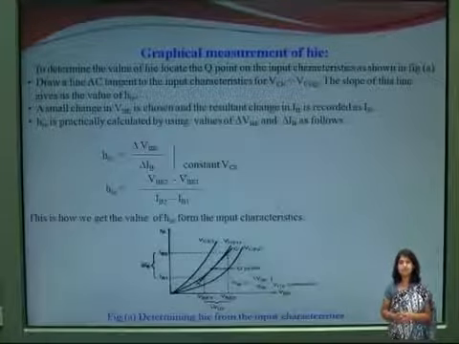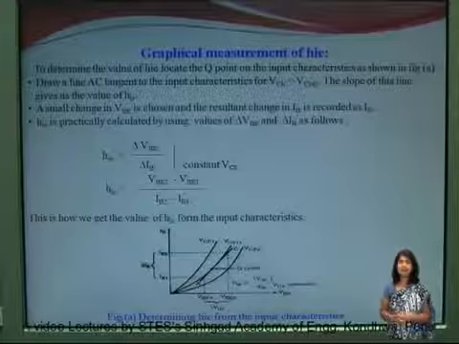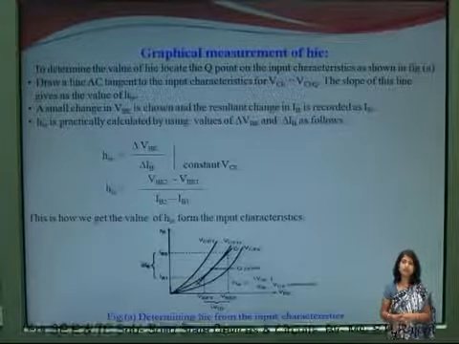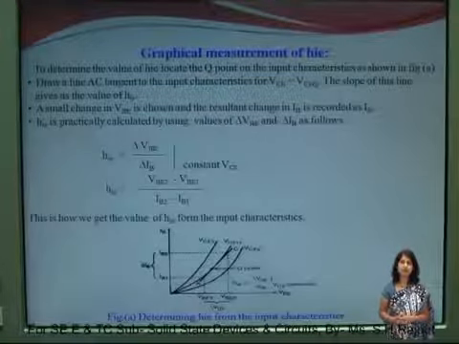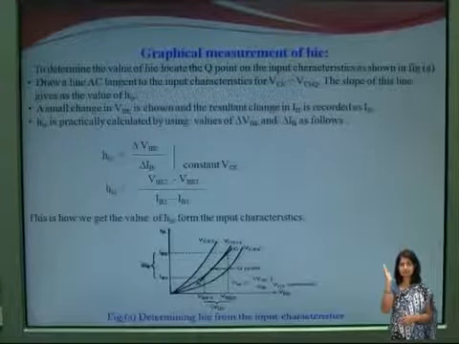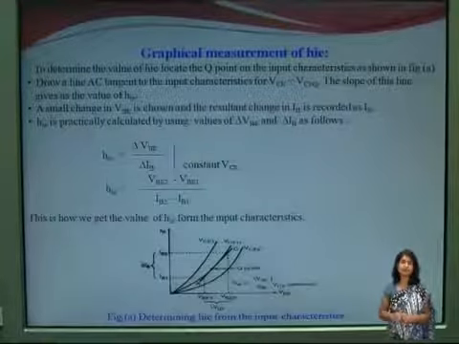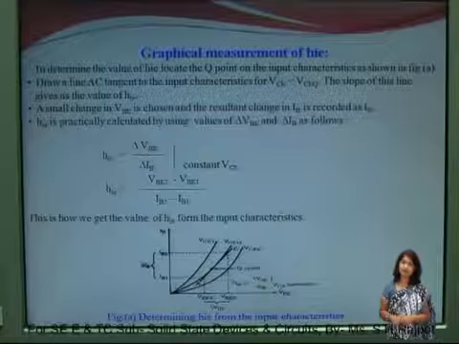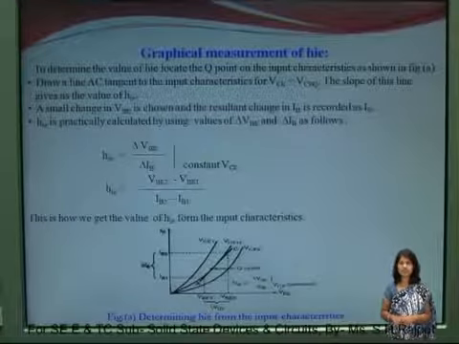The procedure says: first locate the Q point on the input characteristics curve as shown in the figure. Then draw a line which is tangent to the input characteristics for VCE equal to VCEQ. The slope of this line gives us the value of hIE.